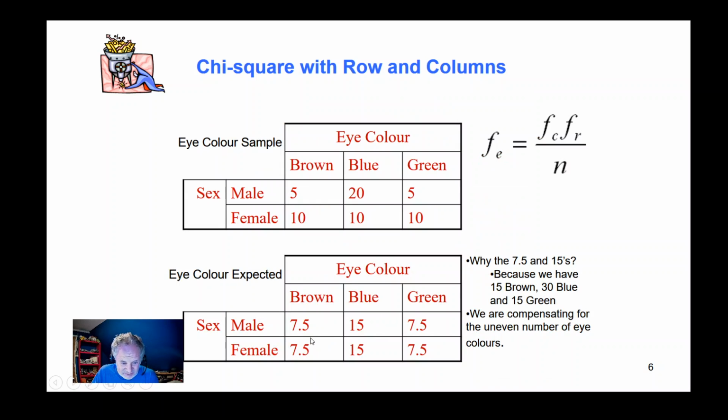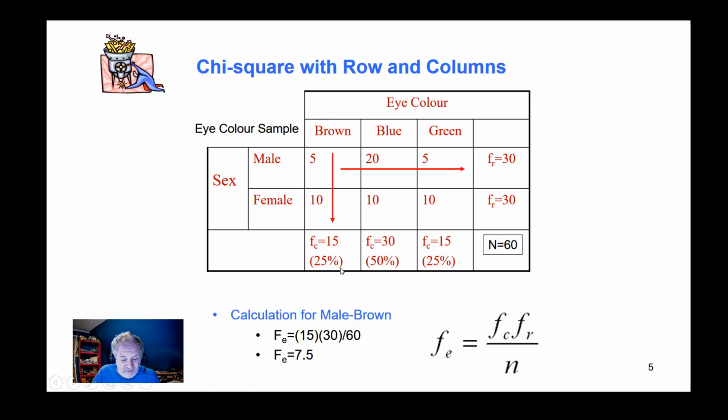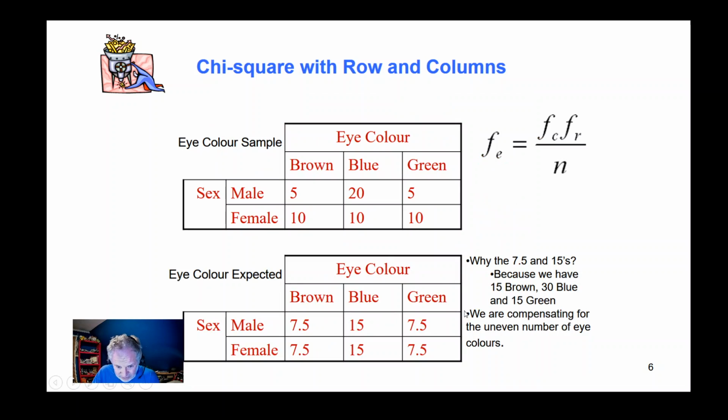So it's 7.5, 15, 7.5. I have 30 males, and I want 25% brown, 50% blue, 25% green. I have 30 females, and 25% of the 30 are brown, 7.5, 50% are blue, and 25% are green. So that's where the 7.5, 15, and 7.5 come from. It is 25, 50, and 25% broken down by the 30 males and the 30 females. Those are my expected values.